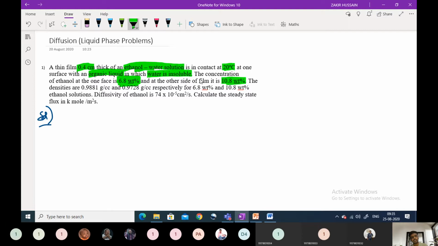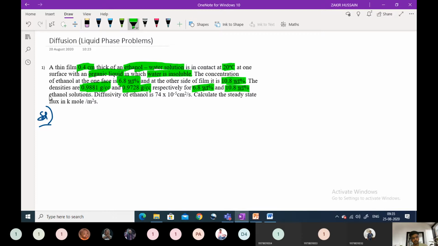So next statement is the densities are 0.9881 gram per cc and 0.9728 gram per cc respectively. At 6.8 weight percentage the density is 0.9881, and at 10.8 weight percentage the density is 0.9728 gram per cc.